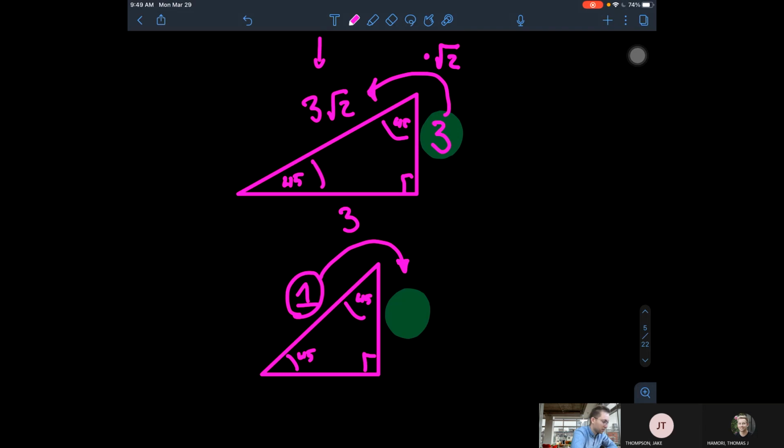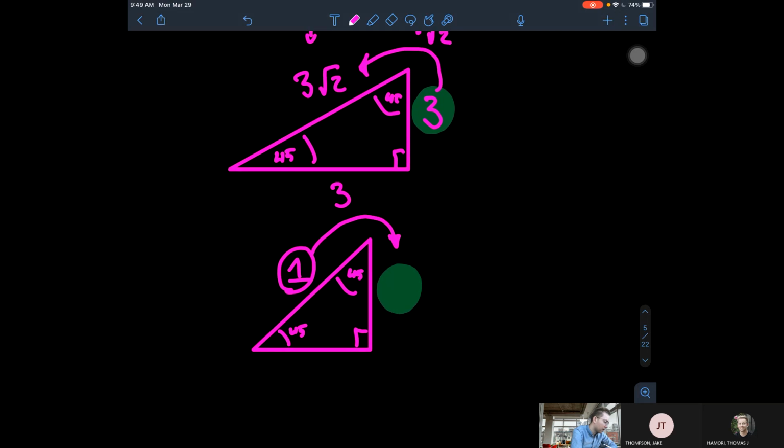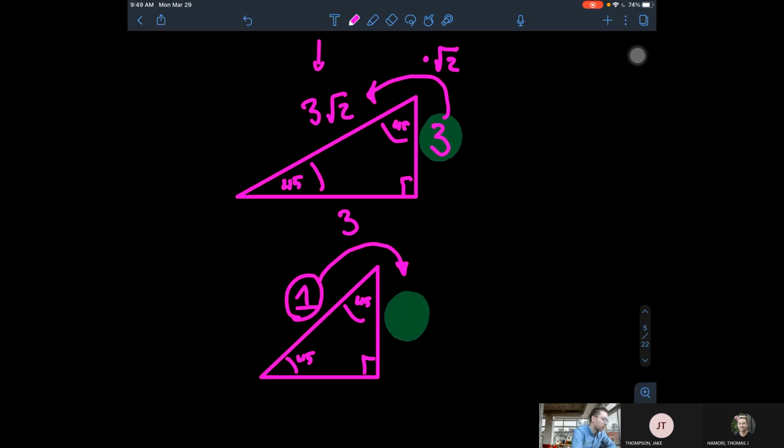Not 2x. So if I know the side length which is on the side, and I want to know the length of the hypotenuse, I just take the length on the side and multiply it by the square root of 2.